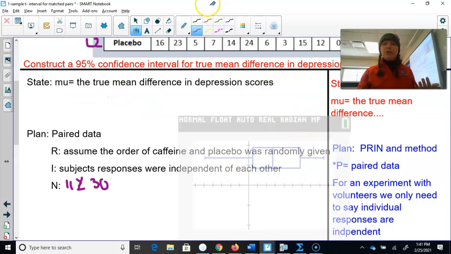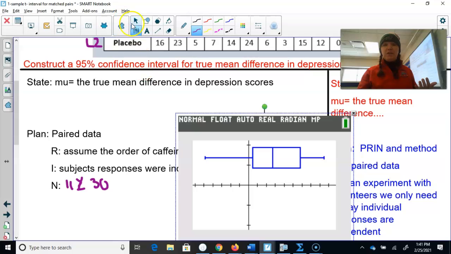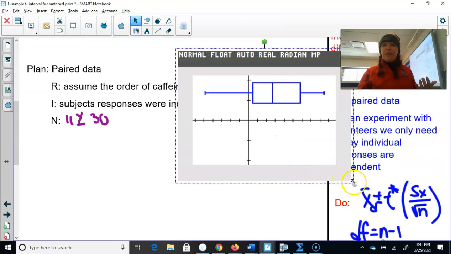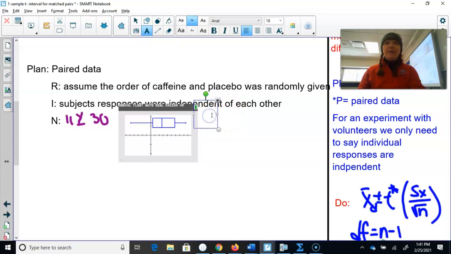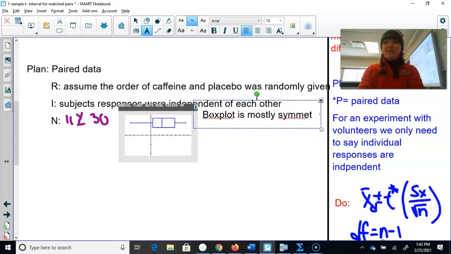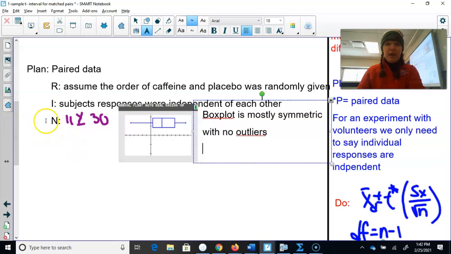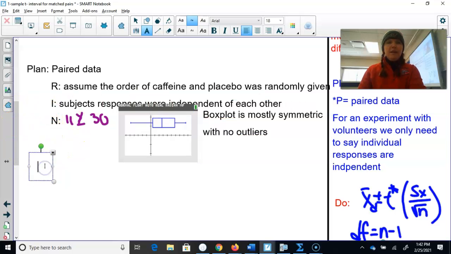It's symmetric enough for me. Hopefully it is for you as well. So I have my graph right here, and I'm going to state: box plot is mostly symmetric with no outliers. We're okay to proceed. Let's write down what that method is.